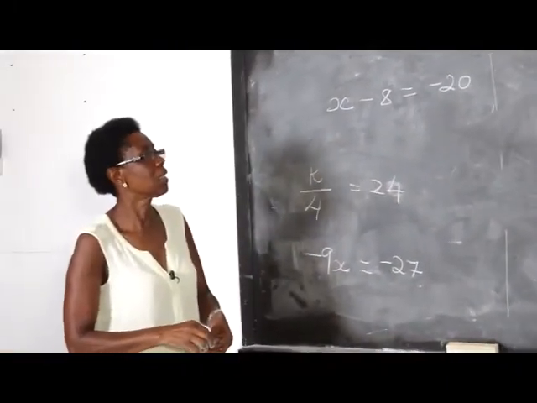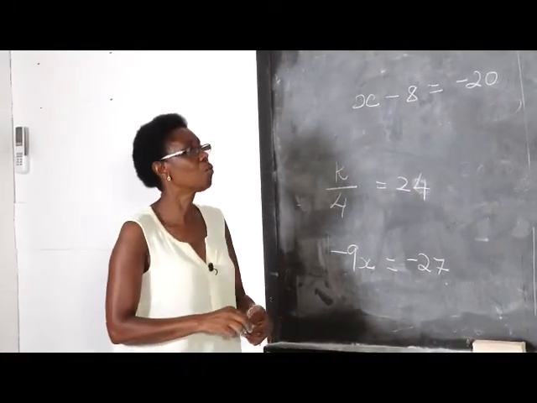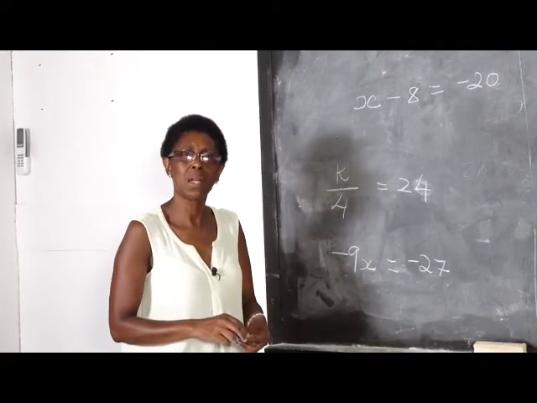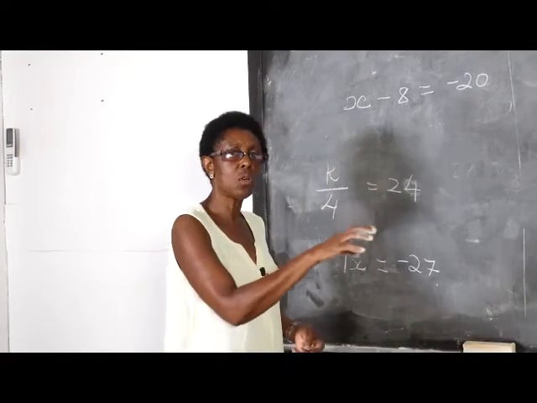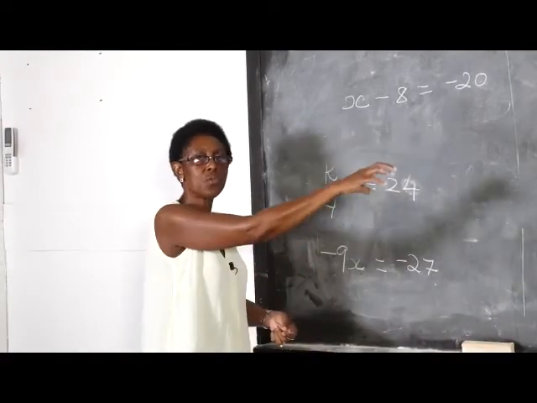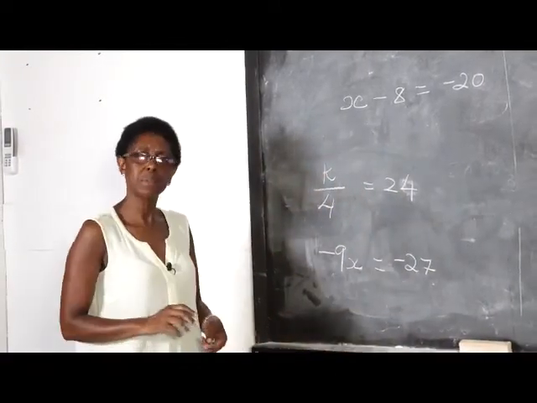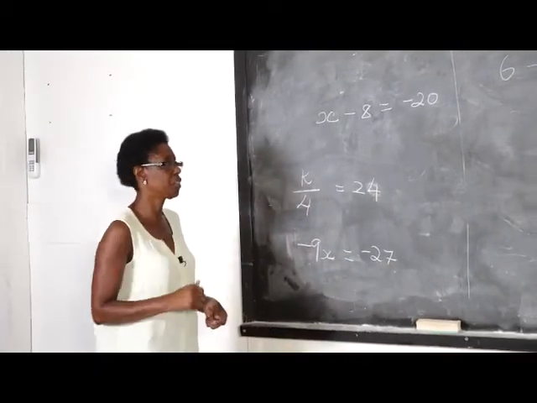So 6 minus 2y equals 20. Okay? If you're not able to do it, don't worry, because we will get a chance to do that. It's just some of you might be ahead of the others.